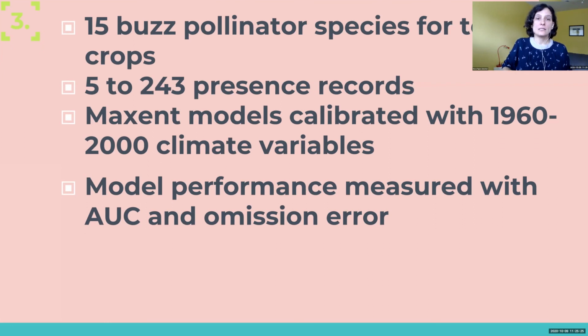Here the sample sizes were smaller than in the case of the Great Plains pollinators: 5 to 243 presence records across these 15 species.